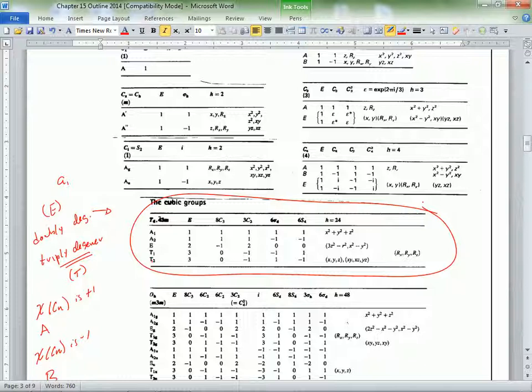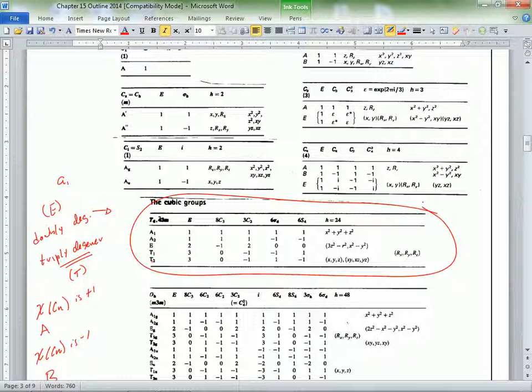I guess we should list them out. It might make it easier, right? Let's list it out. E, 8C3, 3C2, 6 sigma D, 6S4.